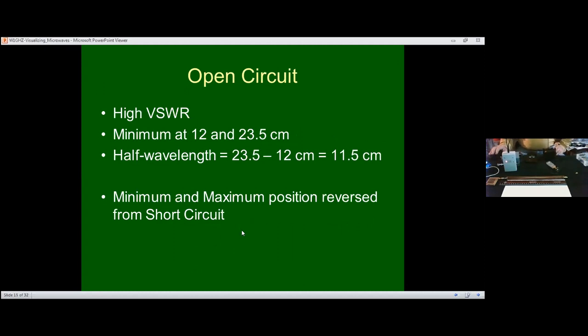With an open circuit, the minimums are moved, but the half wavelength is still 11.5 centimeters. We've just reversed the minimum and maximum distances.